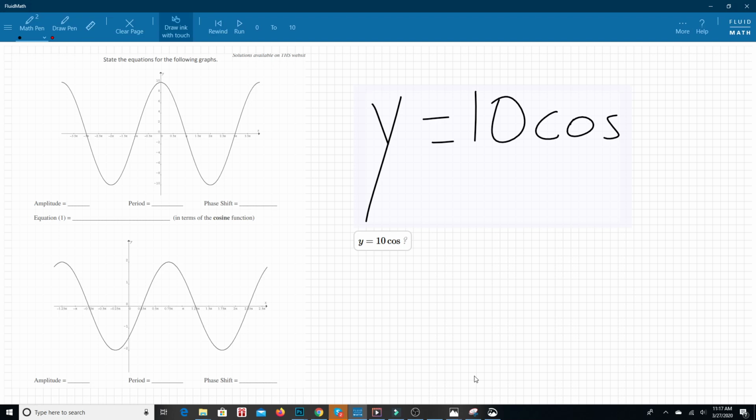But in this case, we only have half of a curve from 0 to 2 pi. So we have a half cycle during the full normal cycle. So it'll be 10 cosine 1/2 x.